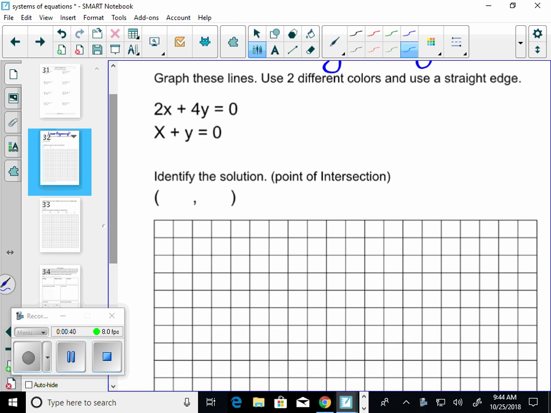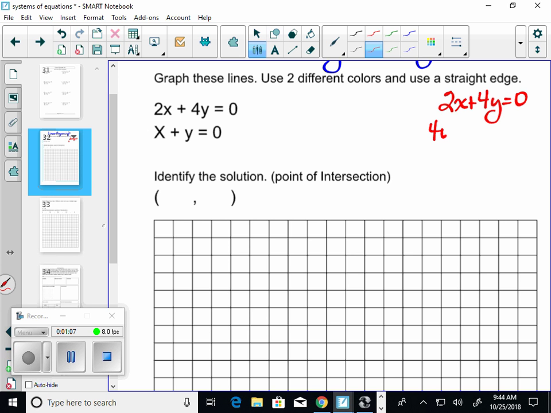So if I want to graph this first equation, is it in the right form? No, not at all. Can I put it in the right form? Yes. So go ahead and switch yours for me. I'm going to take my 2x plus 4y equals 0, and I want it in y equals form. I'm going to talk it through while you work it on your paper. I'm going to move my 2x to the other side.